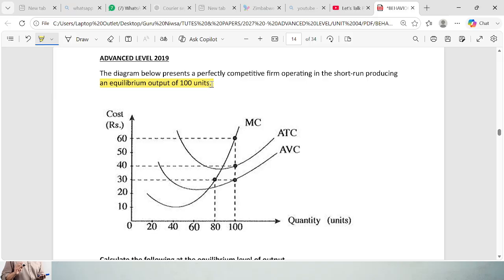Tell me, what is meant by equilibrium output of a perfectly competitive firm?